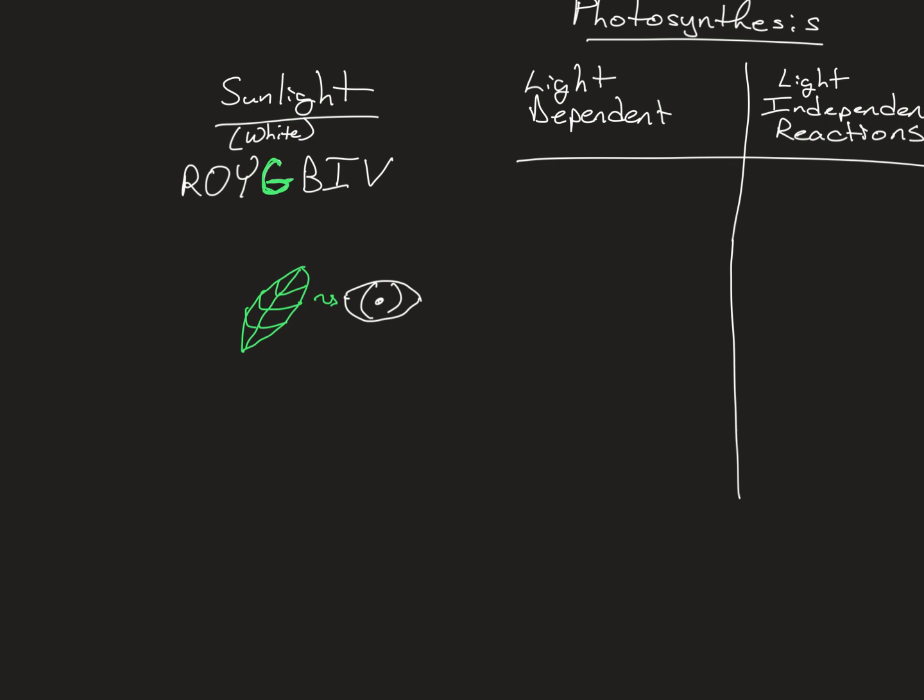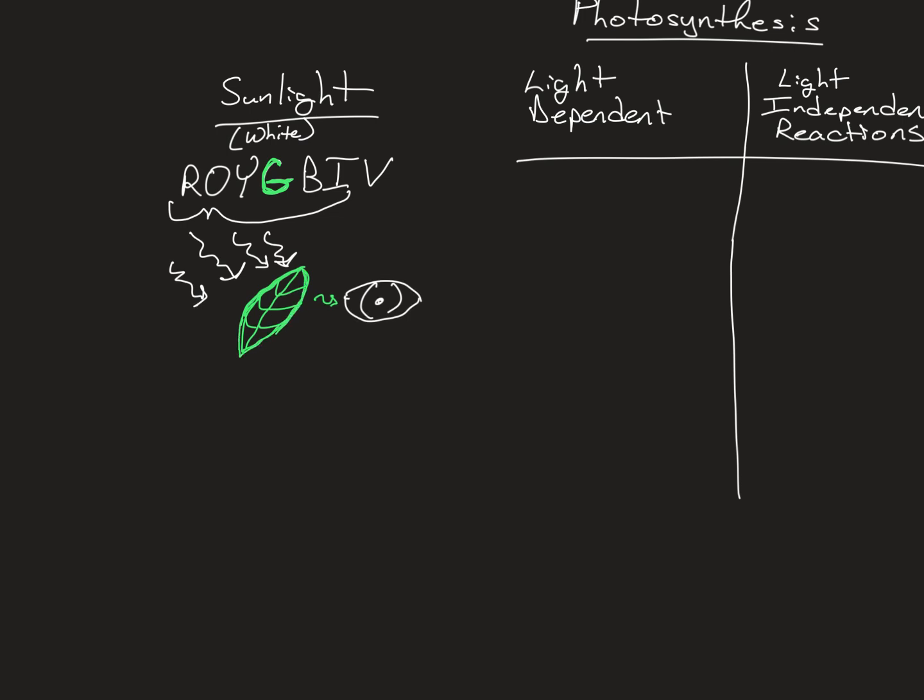White light goes in, sunlight goes in white. All these colors go in: red, orange, yellow, green, blue, indigo, violet all go in. This plant absorbs all the light except for green, and that's the color that you see.